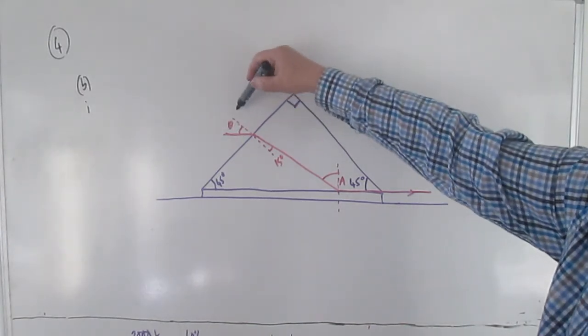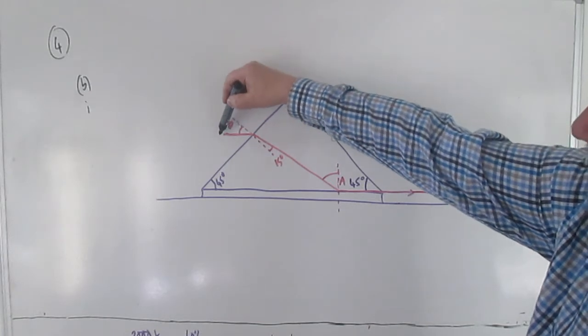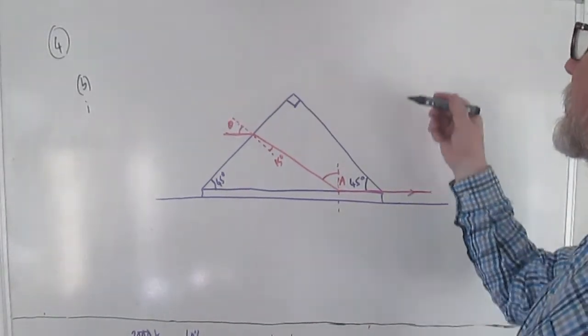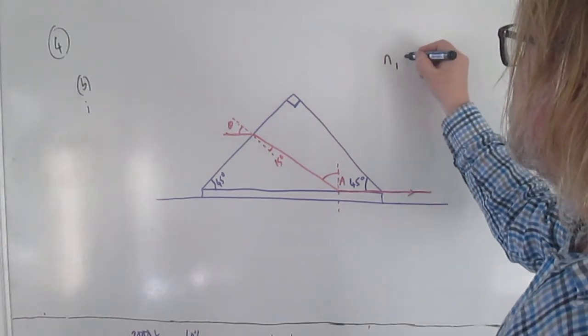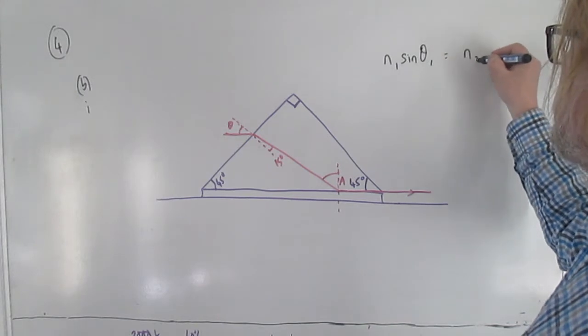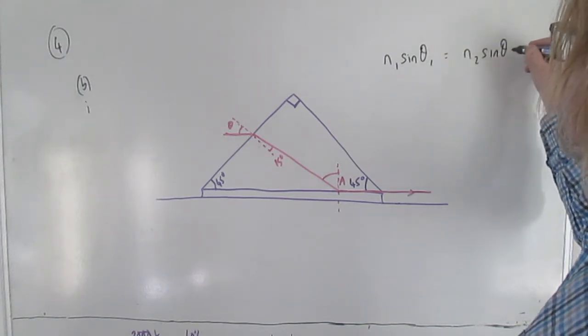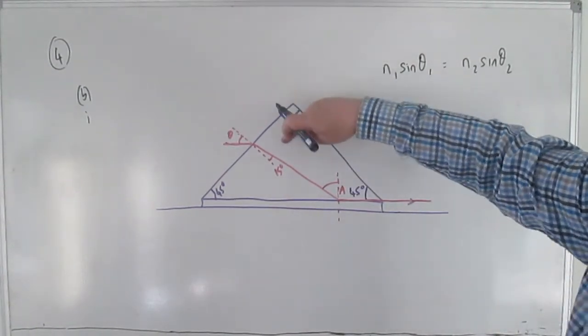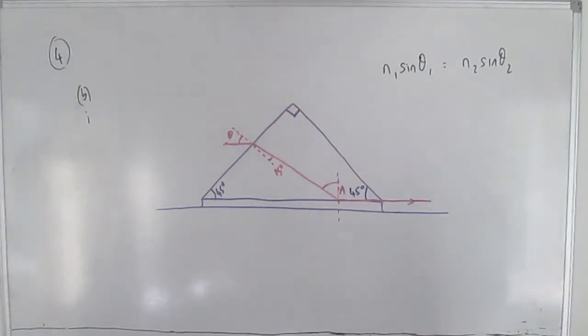The next thing it wants us to find is the value of this angle theta, which is the angle of incidence, in other words the angle between the normal here and the incident ray coming in. To do that, we're going to use this relationship, which again is on your data sheet. The key is that we've got two media here, the glass and the air.